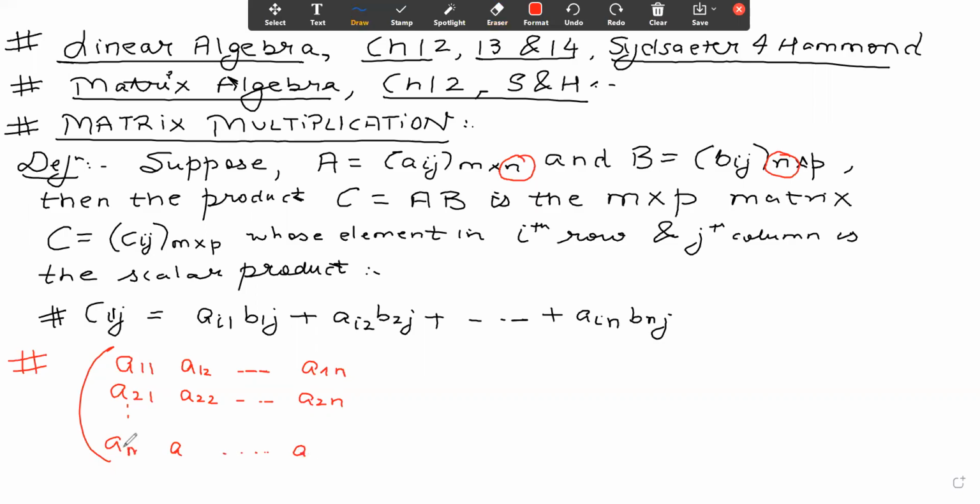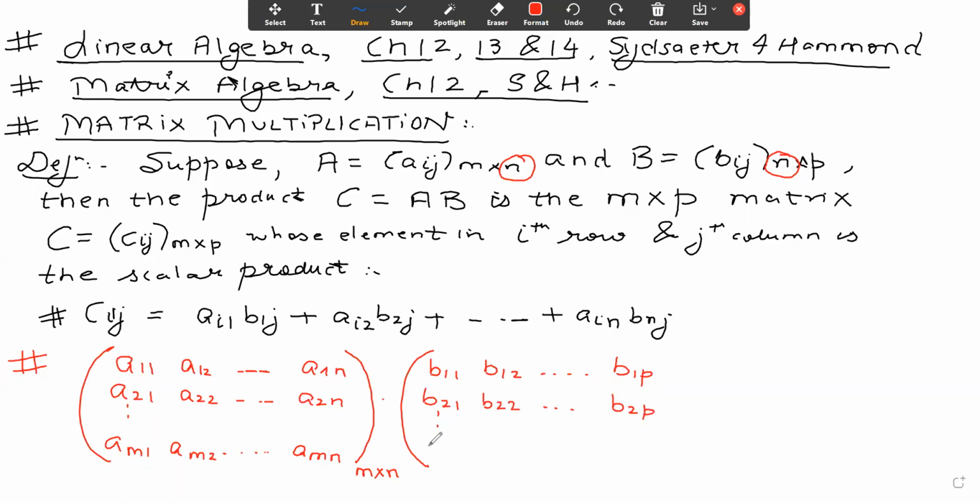You can clearly see this is an M cross N matrix, and we are multiplying it by Bij, which is N cross P. That means B11, B12, and B1P, B21, B22, then we have B2P, and I can extend it to BN1, BN2, and BNP.